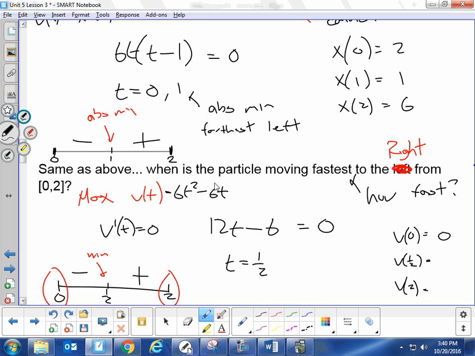So 3/2 minus 6/2 is negative 3/2. And then we check 2. 2 squared is 4 times 6 is 24 minus 12 is 12. Aha! This is when I'm moving fastest to the right at that interval, when t equals 2 and at a speed of 12, whatever we're talking about, units per whatever.